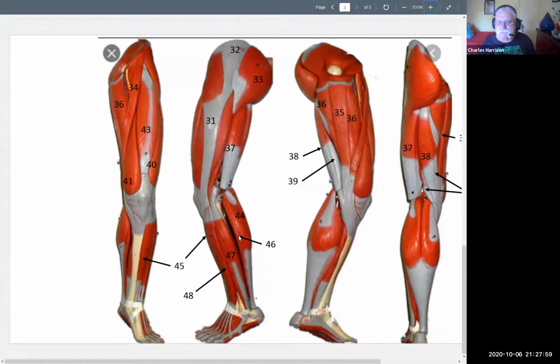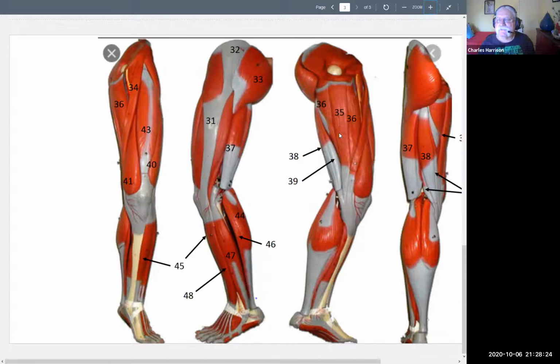Okay, so this was the soleus. This is the fibularis longus, 47. And 48 was the extensor digitorum longus. Over here, this is 38. We're looking at the opposite side of the leg. 38 is the semitendinosus, and underlying it is the semimembranosus.